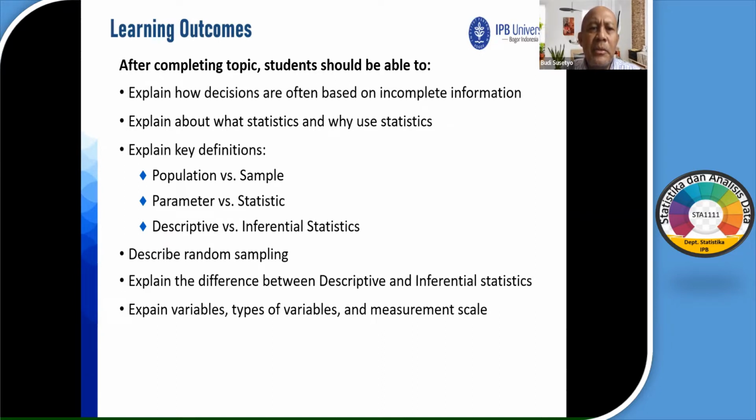You should also be able to explain population versus sample, parameter versus statistic, descriptive versus inferential statistics. And then describe random sampling, and explain the difference between descriptive and inferential statistics, and variable, types of variable, and measurement scale.